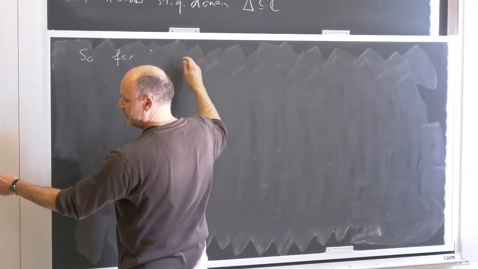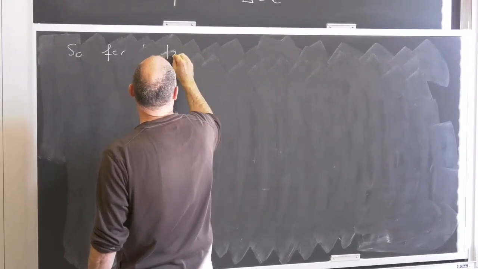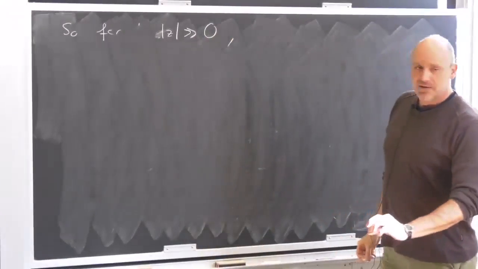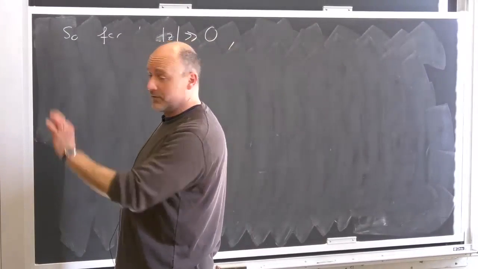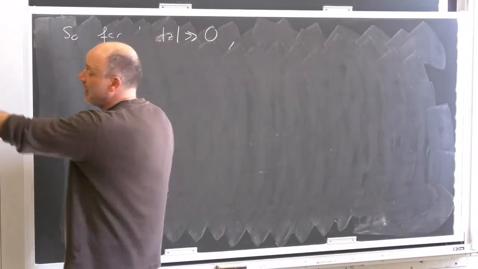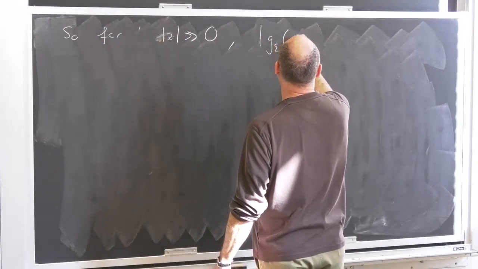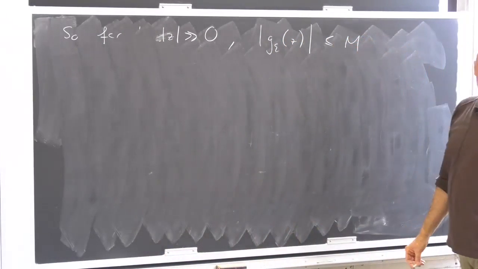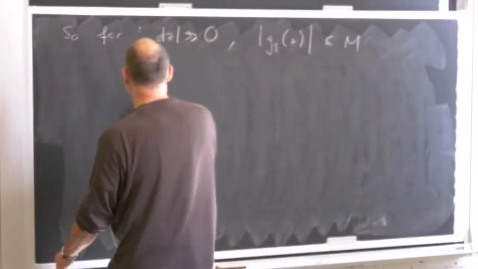For C large enough, the value of the function g epsilon along the circle of that radius is less than M, because it goes to 0 uniformly in absolute value.